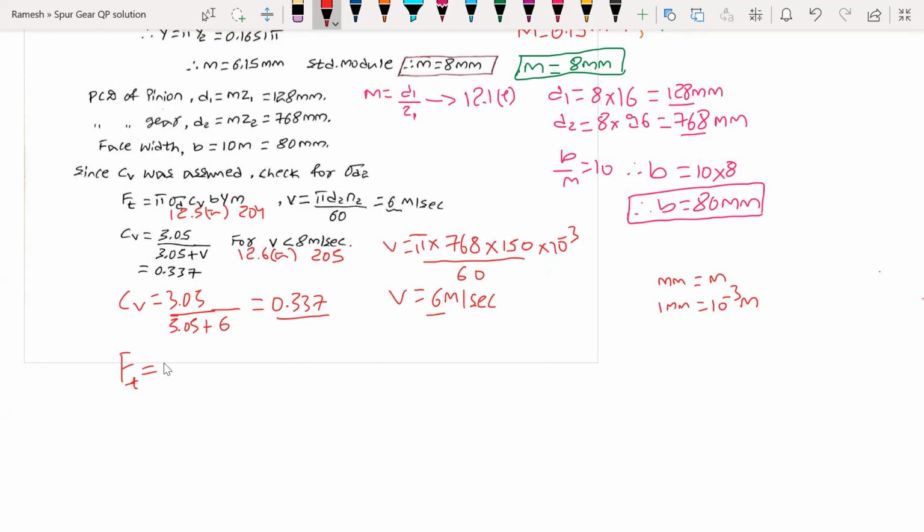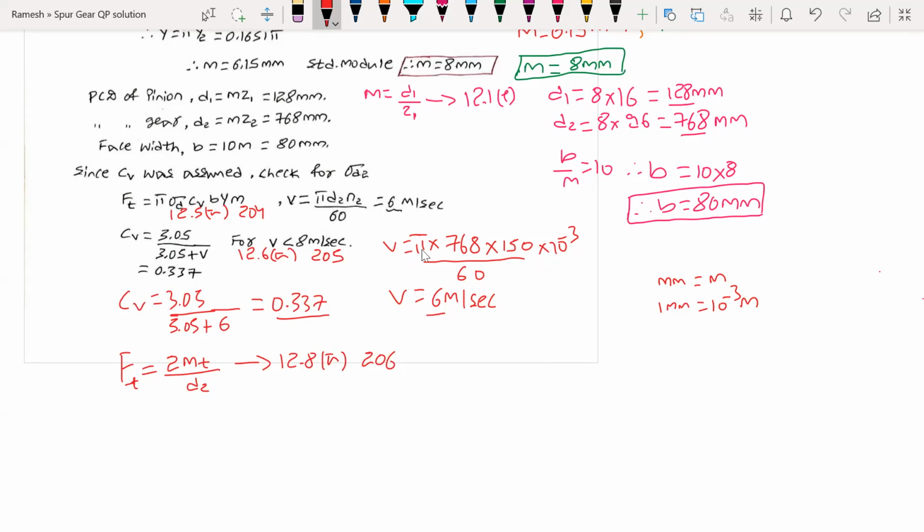FT is equal to 2 Mt by D. This equation is there in the data book. It is 12.8a, on page number 206. Tangential load is equal to 2 into torque divided by D. In this case, we are designing it for the weaker member, that is gear. I will write it as D2. Substitute the values, and make sure that D2 is in mm. It is in mm only.